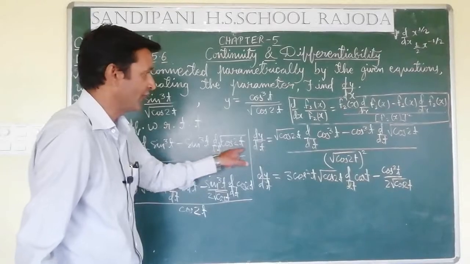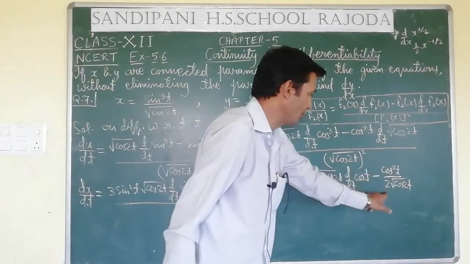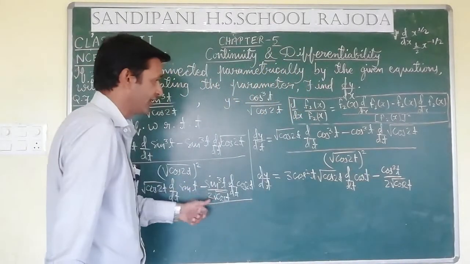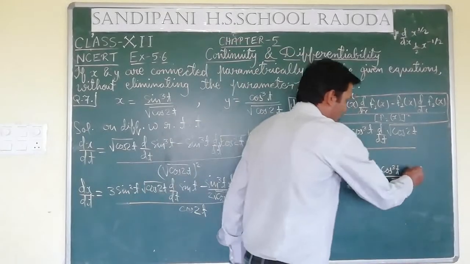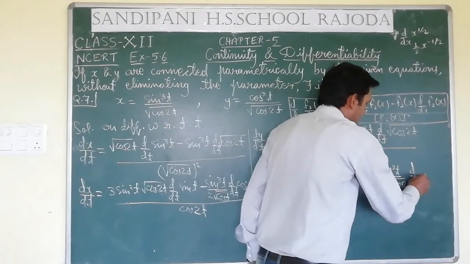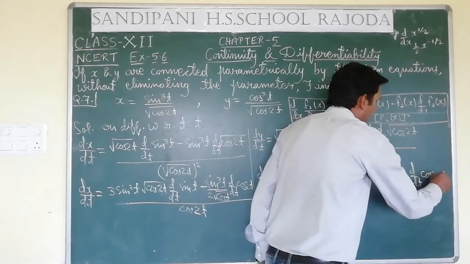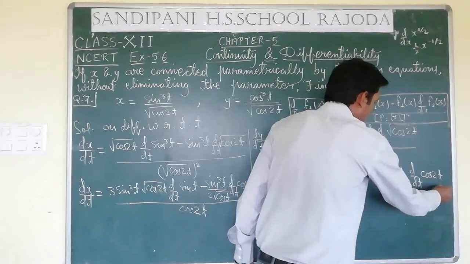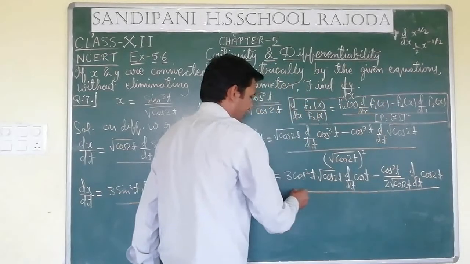See, d by dt of root cos 2t is 1 upon 2 root cos 2t. Here also we have written, and then d by dt of cos 2t upon cos 2t.